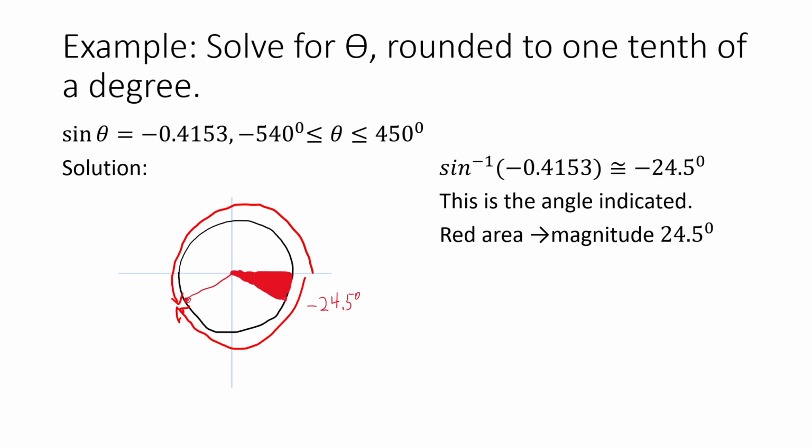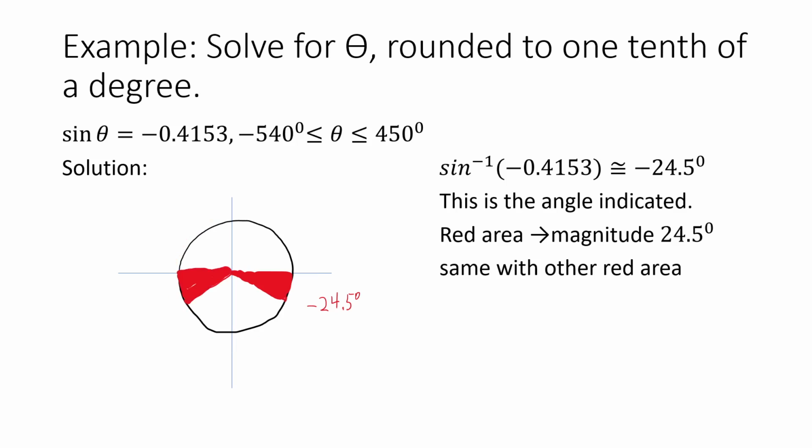The first one would be positive. The second one would be negative. Well, in this case, let's find the positive version. But if you found the negative one, that would be fine too. What we're going to say is that each of those wedges has a magnitude of 24.5 degrees.